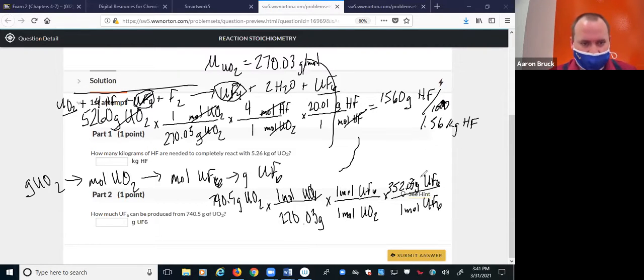So now we go about the calculation. 740.5 times 352.03 divided by 270.03.